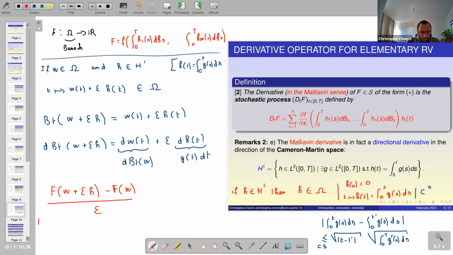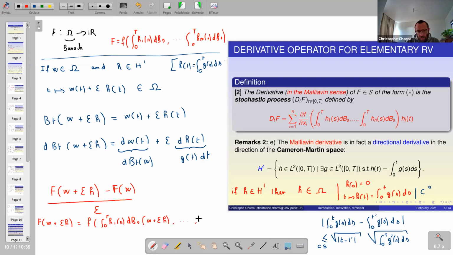So f of w plus epsilon h is equal to what? I plug inside: it is f of the integral between 0 and capital T, h1 of s dbs of w plus epsilon h.